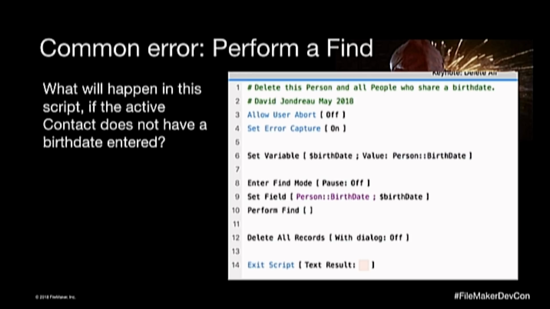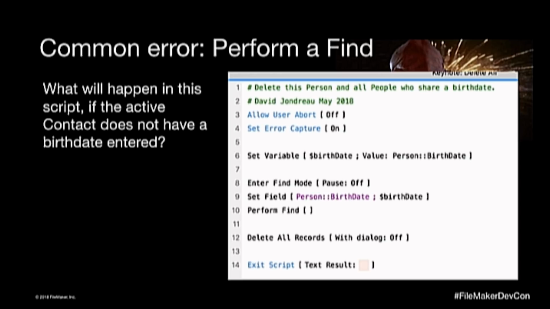If there's no find request at all, this is different than if you had a date in there that no one had. But if you have an empty found set, it restores the previous found set. So if you're looking at 3 records out of 100, it deletes 3. It won't show them all. It won't show nothing. It'll show the previous found set. That's what happens. And that's a frightening thing.